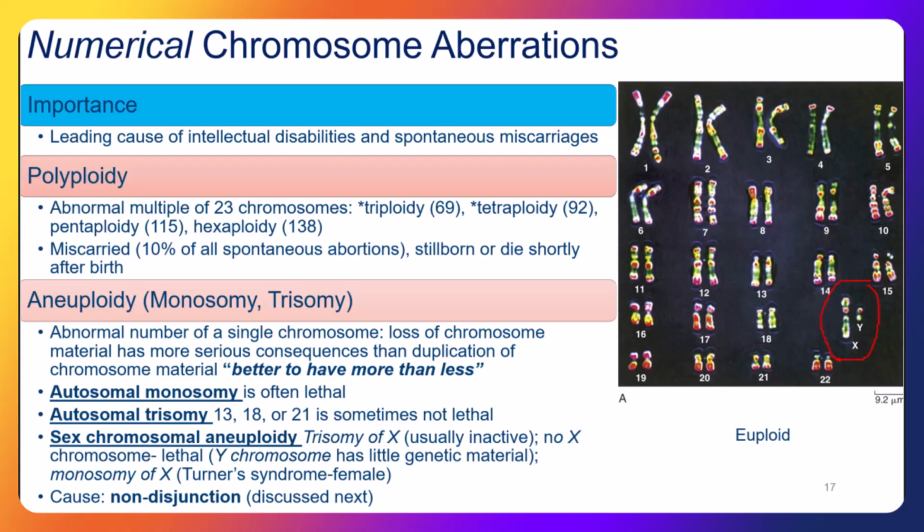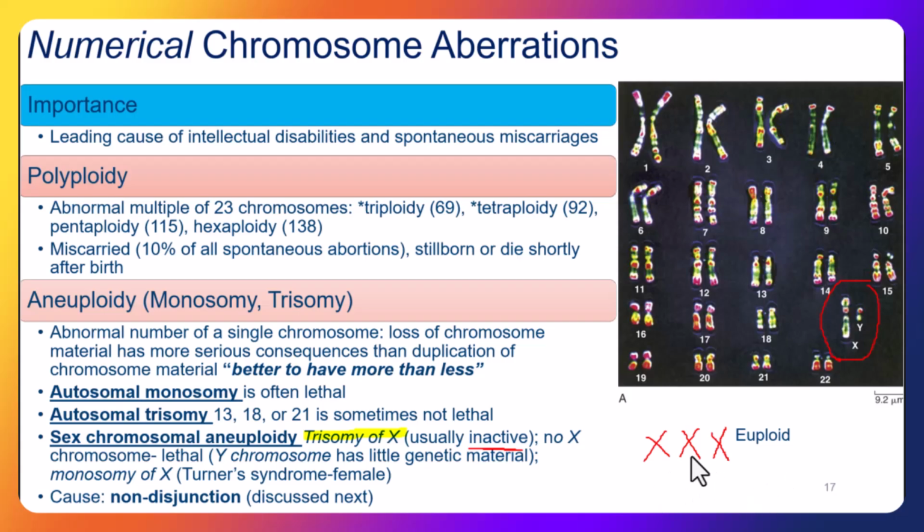Trisomy of the X chromosome. What that would mean is that this would normally be female. If a female is born with a third X, it's usually inactive. So it's usually not a major concern.